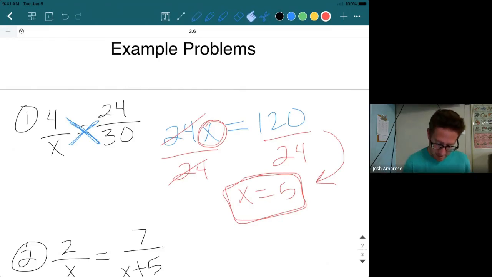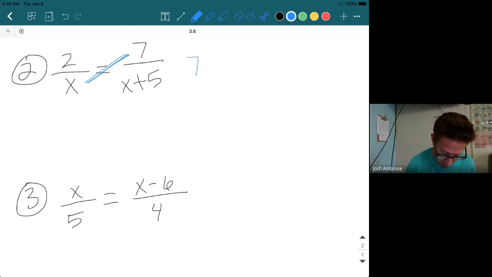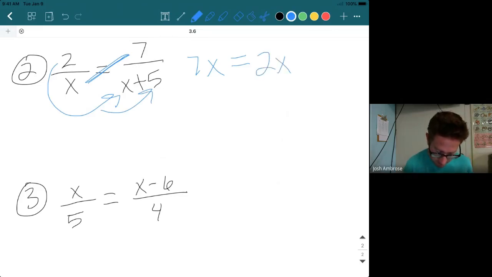All right, now let's see one where we do have to use the distributive property. All right, so cross multiply here, giving us simply 7x. I'm going to immediately put that equal sign. Don't forget it. Now the 2 is going to go to the x, and it's going to go to the 5, giving us 2x plus 10.